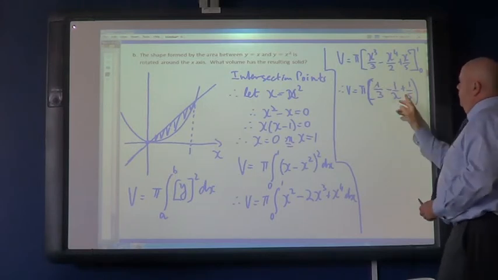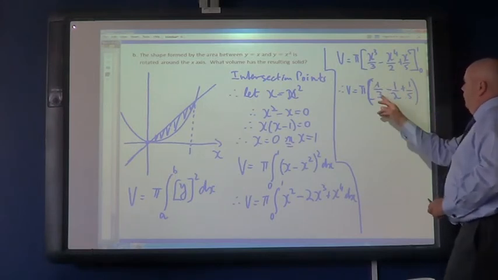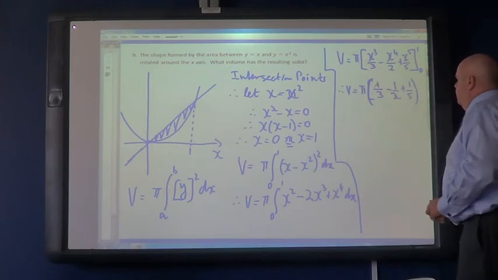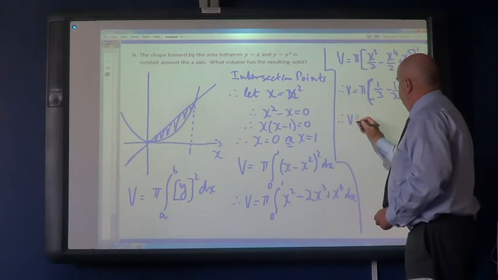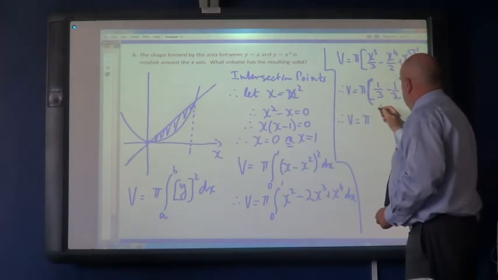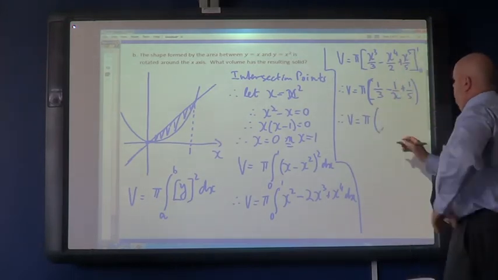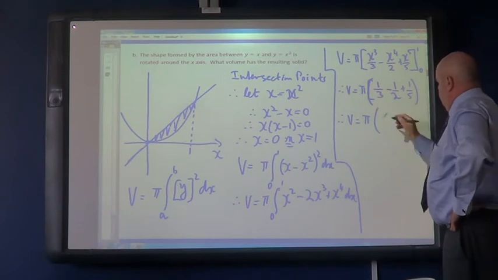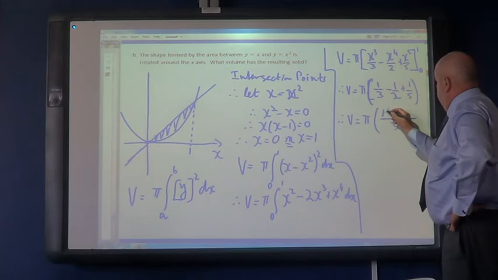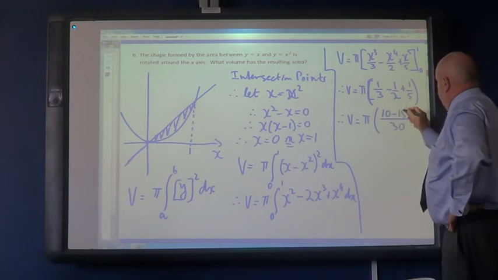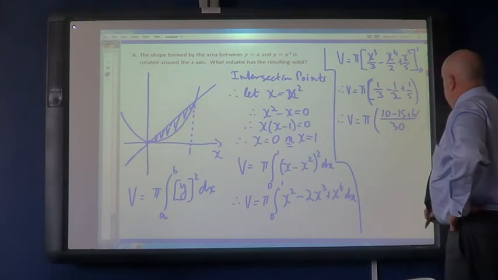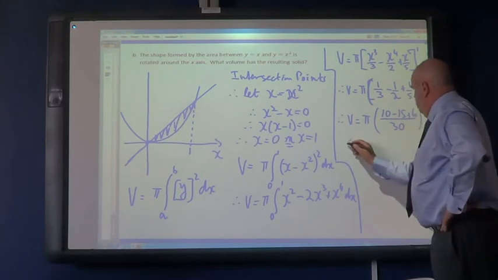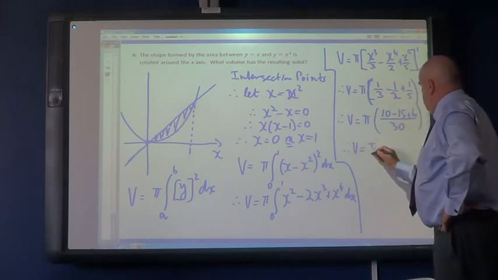Now what I need here is a common factor for 3, 2 and 5. I think the best I can do is probably 30, so the volume is equal to pi, times that by 10, because I'm timesing 3 by 10 to get to 30, 10 minus 15 plus 6.